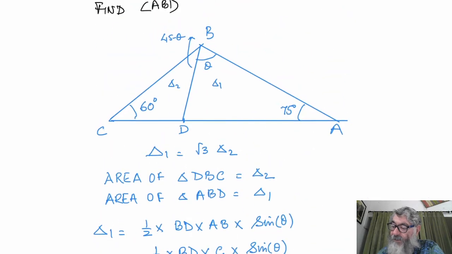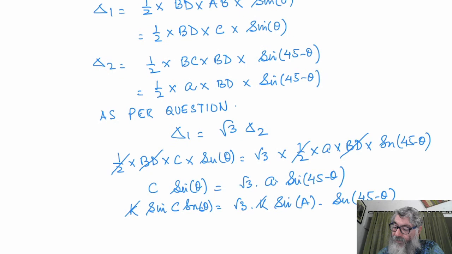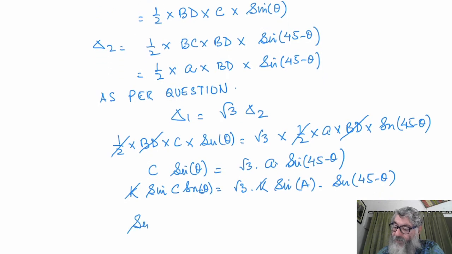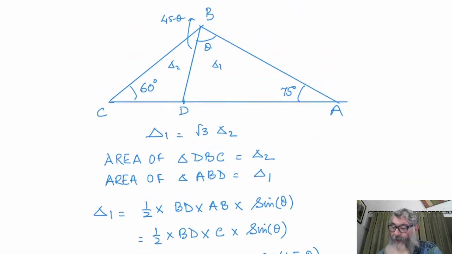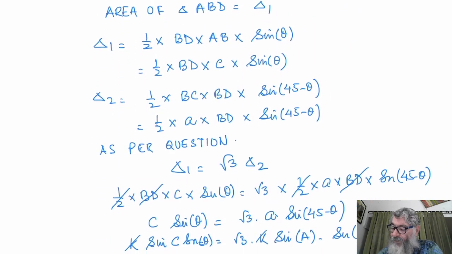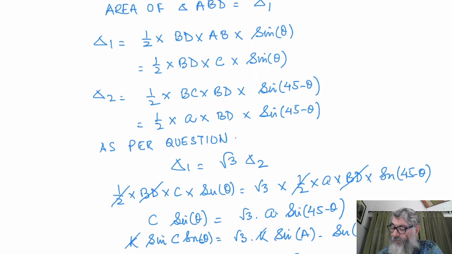Sine C means sine 60, times sine theta, equal to root 3, and A is 75, so sine 75 into sine 45 minus theta.